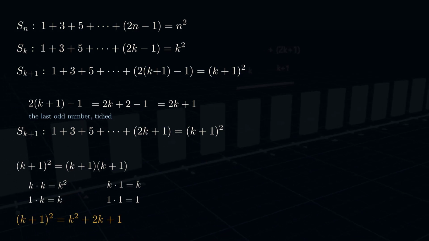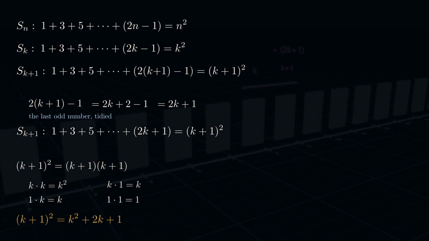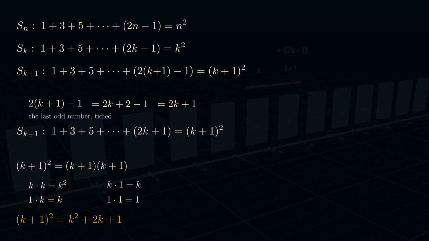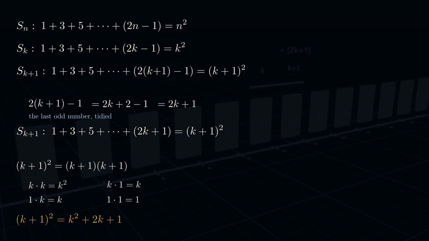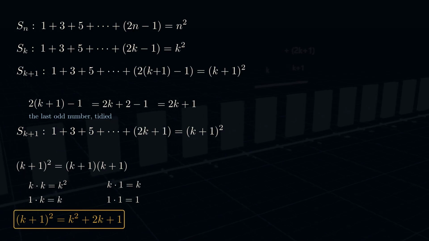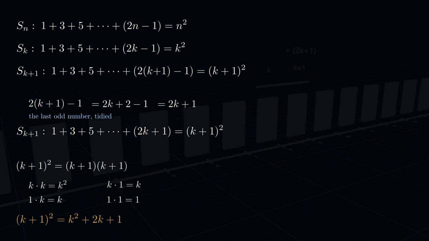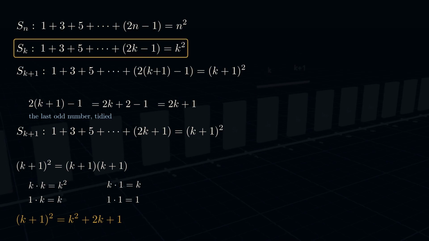Add them. K squared plus 2k plus 1. So if our work ends at k squared plus 2k plus 1, we have arrived at Sk+1. Now we know where we start and where we must land. That is always the first thing to write down in an inductive step.